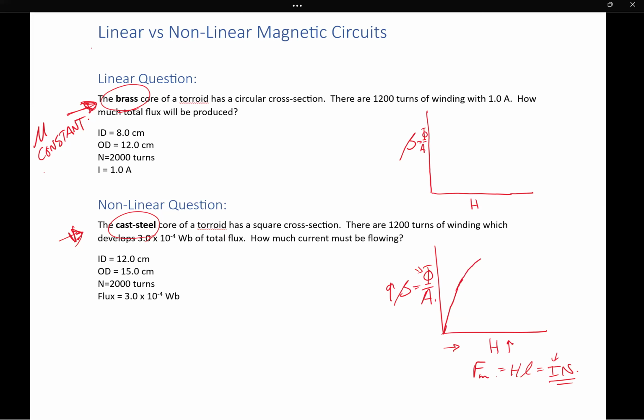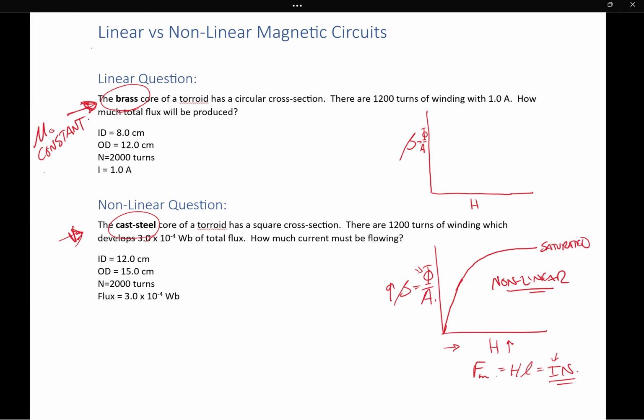Until you get to a point of saturation. You don't get everything for free forever. You saturate. This is saturated. And this is a nonlinear relationship. However, this brass core always stayed the same, and permeability is constant. Permeability is actually that of free space.